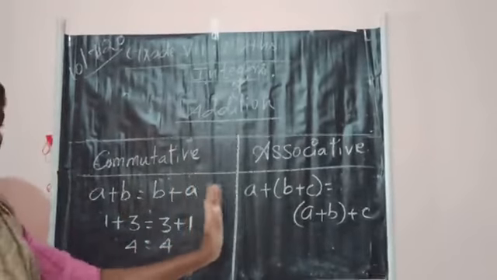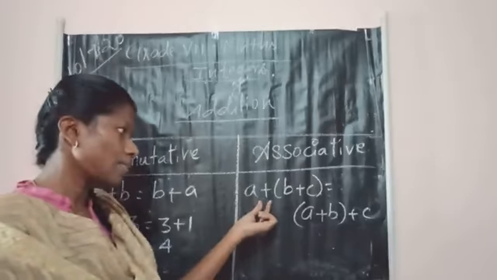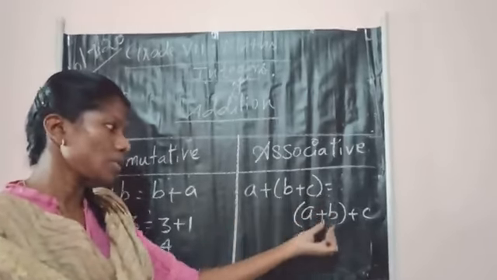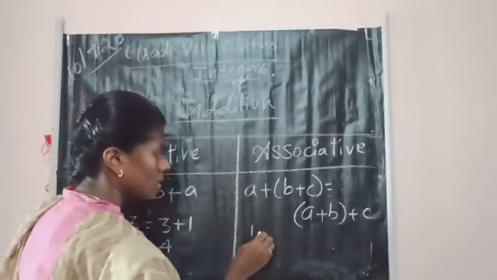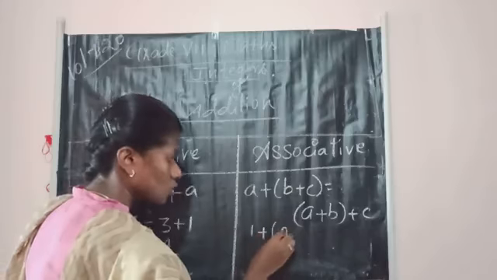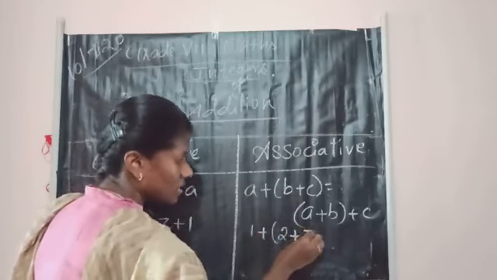Next we shall see the associative property. That is (a plus b) plus c is equivalent to a plus (b plus c). I am giving a as 1, b as 2, c as 3.